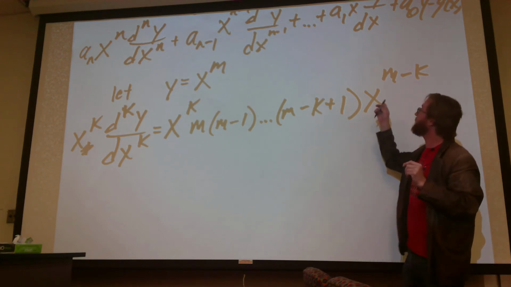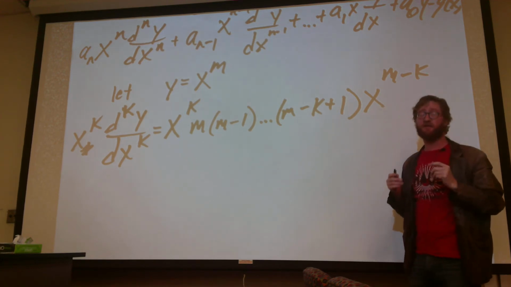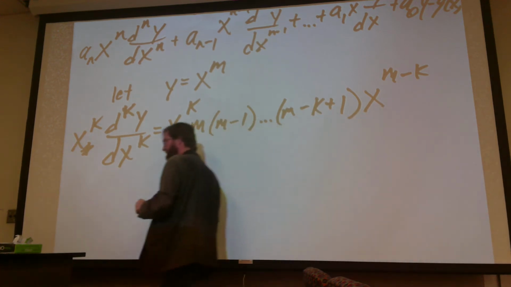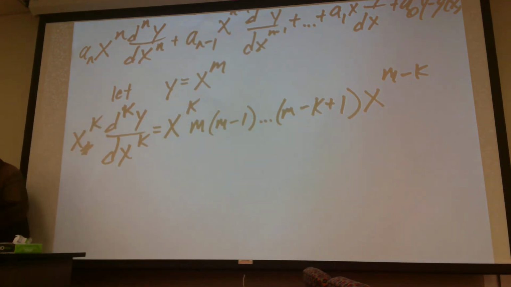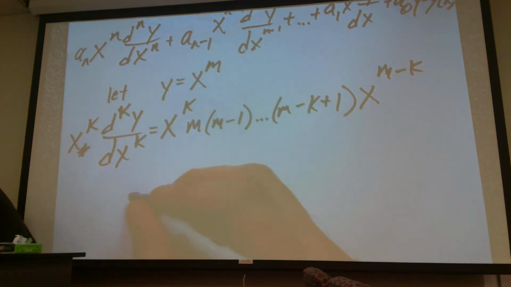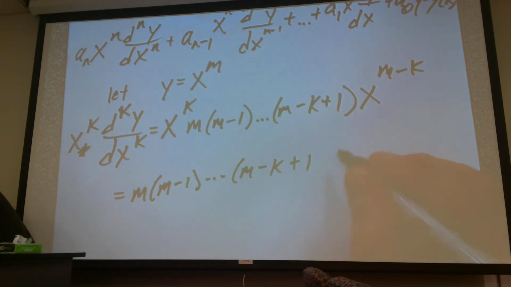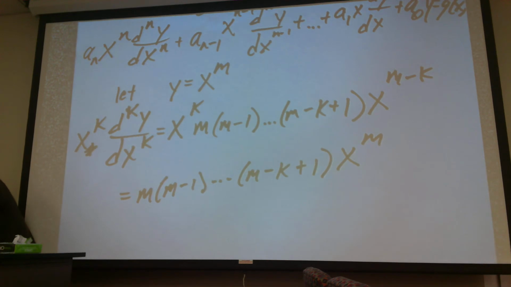So the x to the k and the x to the minus k are going to cancel each other out. So this becomes m, m minus 1, dot dot dot, m minus k plus 1, and then just x to the m.